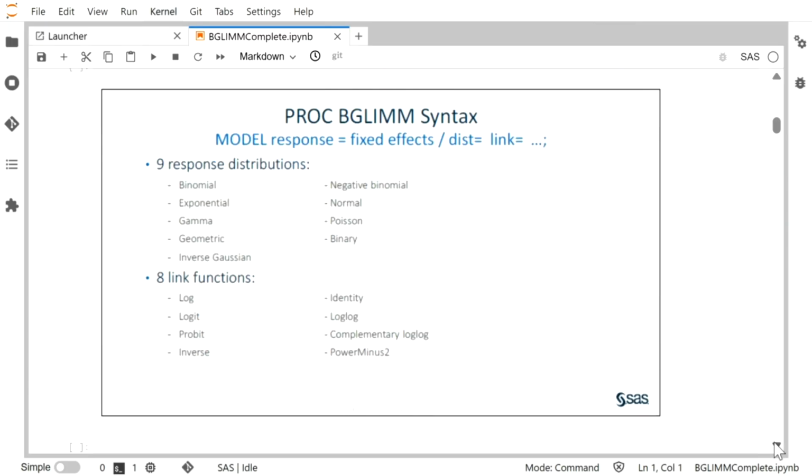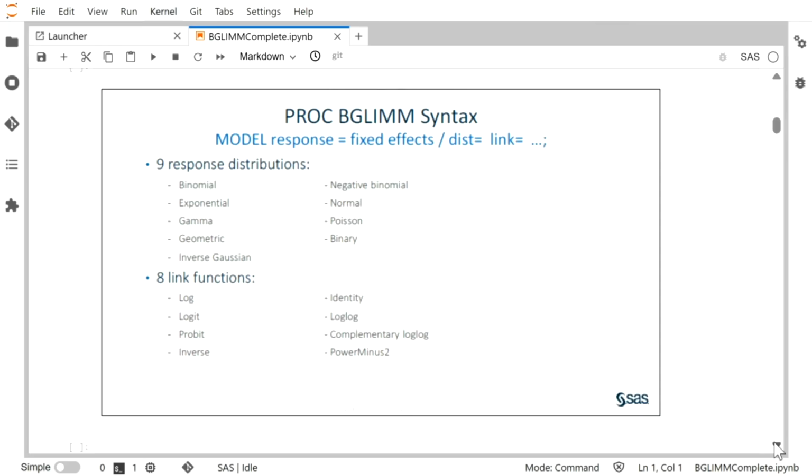Now, what distributions and what links? Because remember, if this is tied to things like GenMod and GLIMMIX, what are going to be those distributions and links that we can particularly use? There is a list of 9 response distribution types that we are going to have available to us in BGLIMM, and there are 8 link functions that we will be allowed to use.